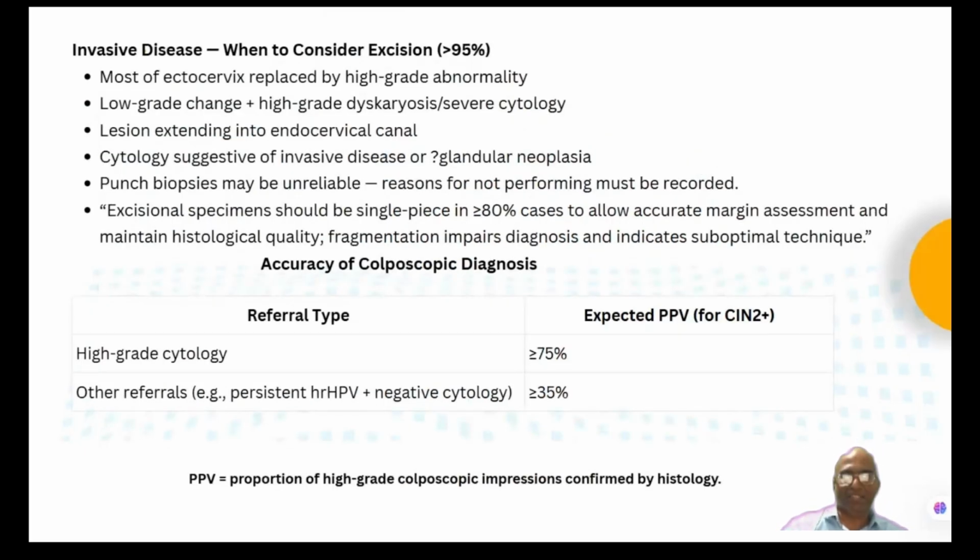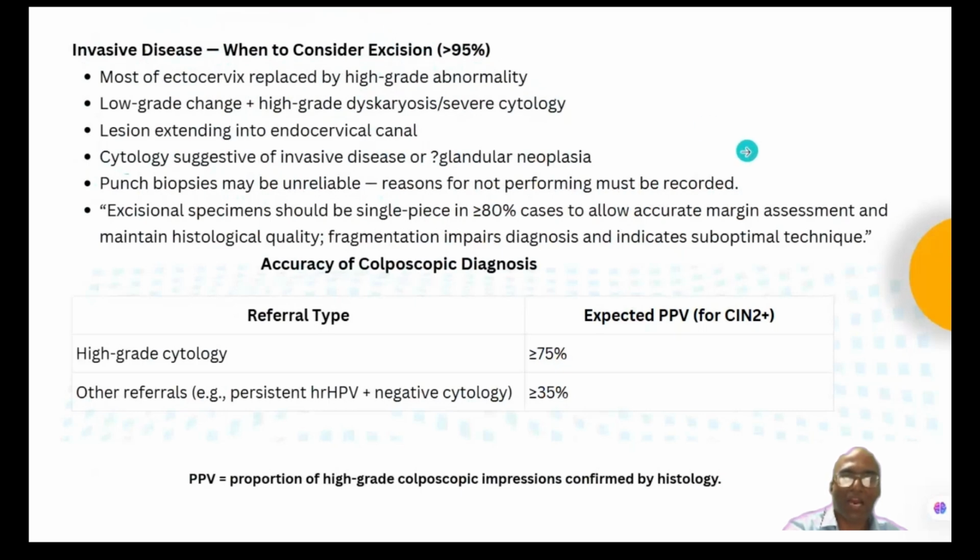Now, invasive disease. Whenever you suspect that there is an invasive disease, you will go for excision. In that particular case, sometimes punch biopsies may be unreliable. We do punch biopsy also, but in cases where there is a suspicion of invasive disease, go for excision. When most of the ectocervix is replaced by high grade abnormality, you will go for excision.